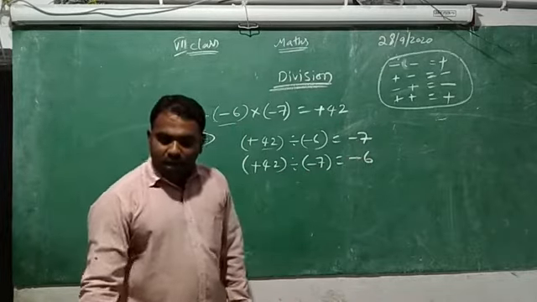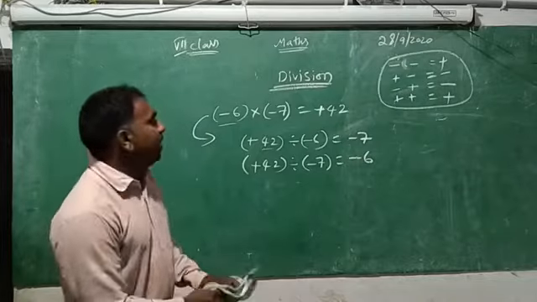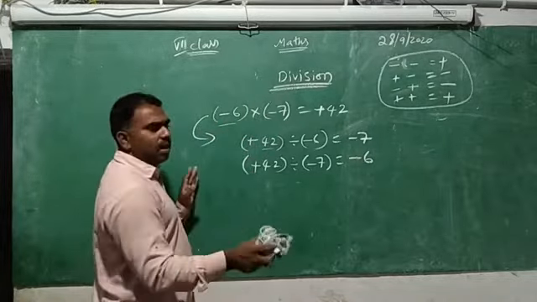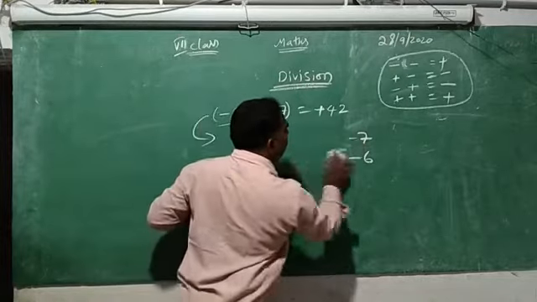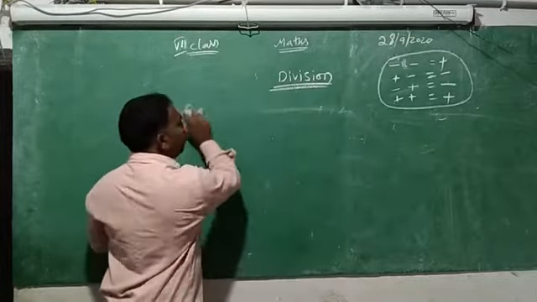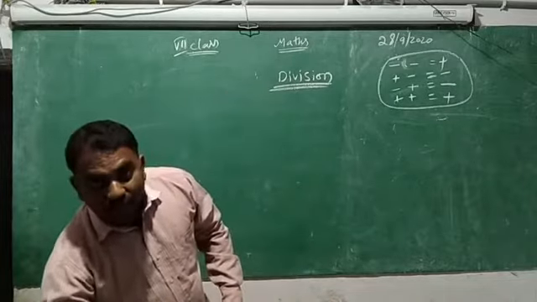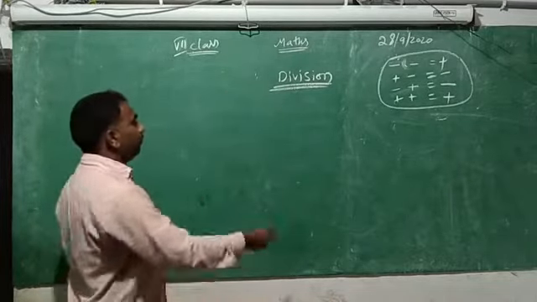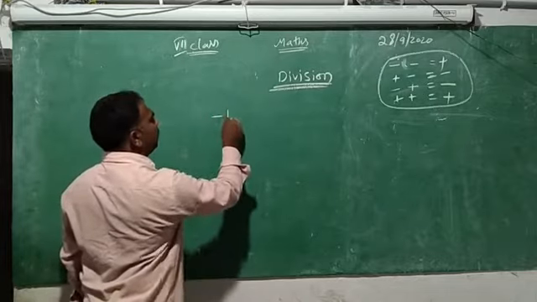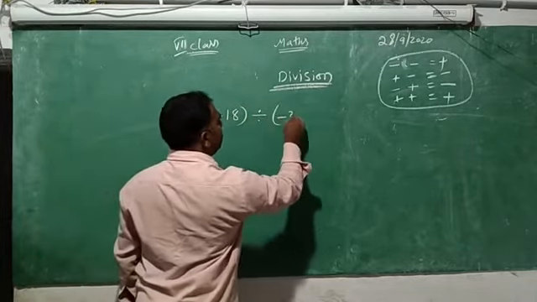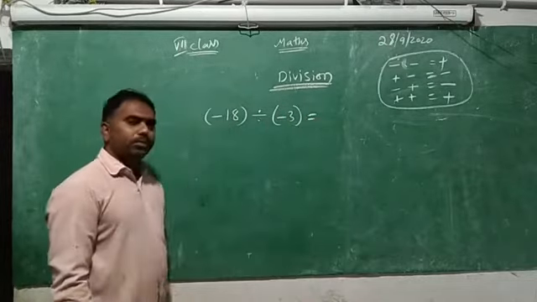So finally, you got the idea we need to follow. For the divisions also, the idea is the same as multiplication. So what should we do? First symbols combination, then numbers. See, so many divisions, if I say, you can easily do them. This is minus 18 divided by minus 3 is my question.